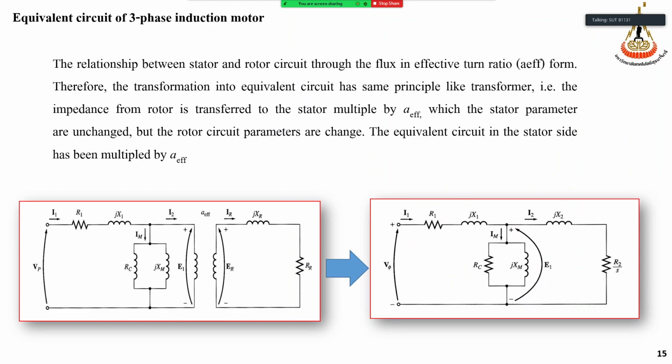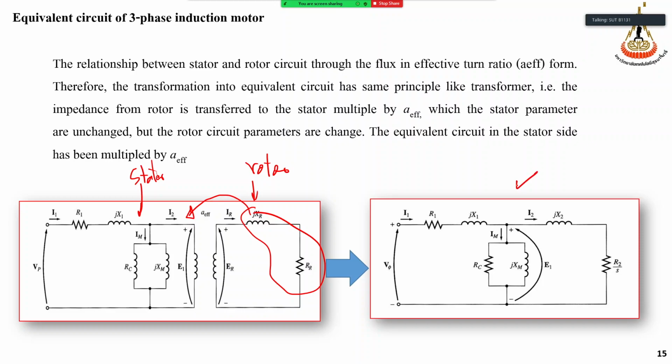Then we can rearrange the equivalent circuit. If we have the transformer here, this is the stator, and this is the rotor part. For easier computation, we transfer the impedance on this side to the same side.